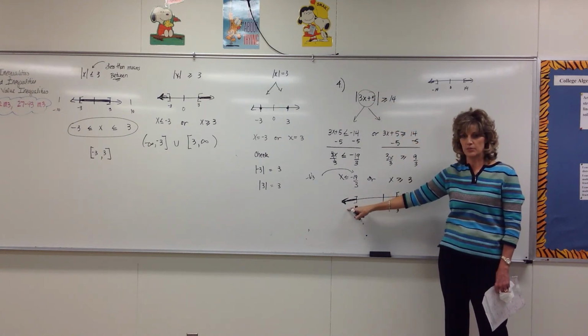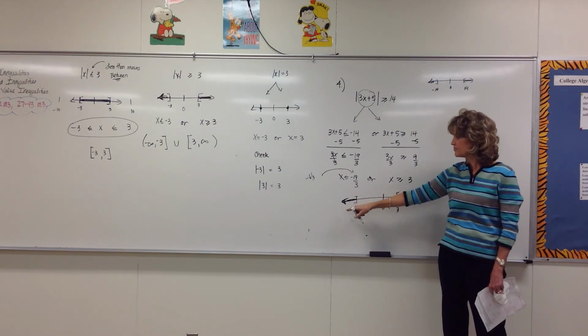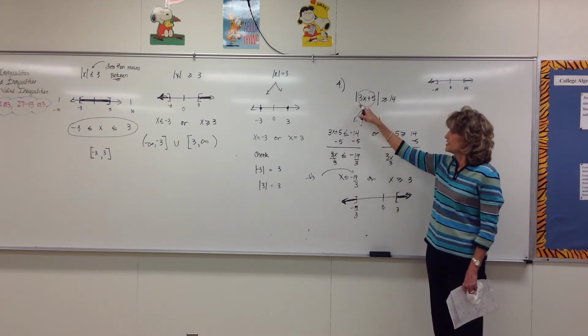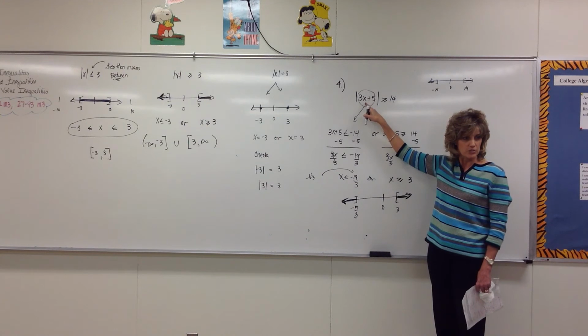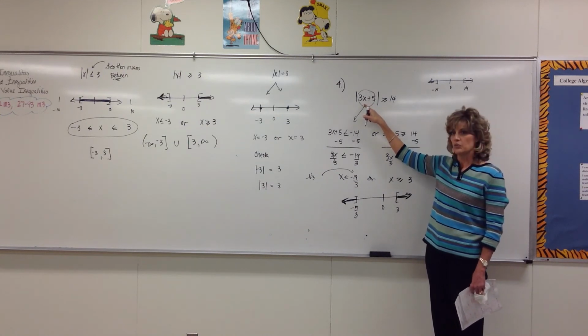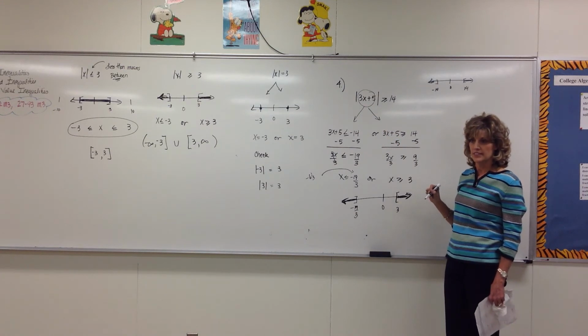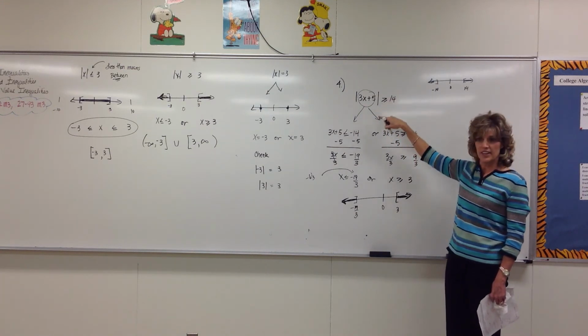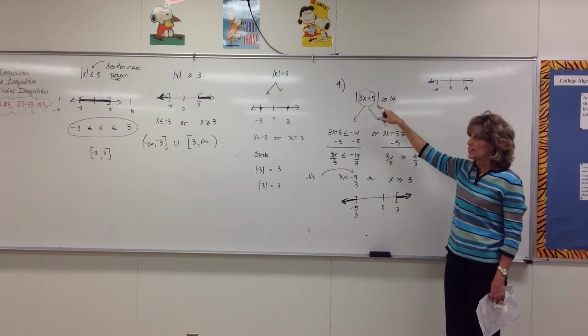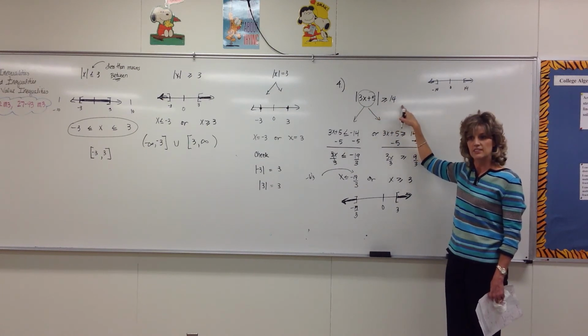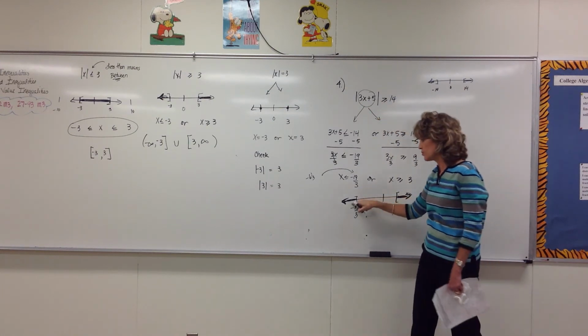Give me a number. Somebody tell me. -7. So if we plug in -7, 3 times -7 is -21. -21 plus 5 is -16. Absolute value of -16 is 16, bigger than 14. Yes, it is. So numbers over here work.